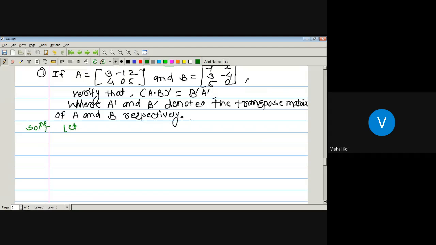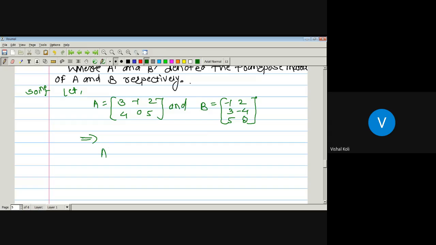Let A be a matrix having entries 3, -1, 2, 4, 0, 5 and B equal to -1, 3, 5, 2, -4, 0. Now let's find the transpose.